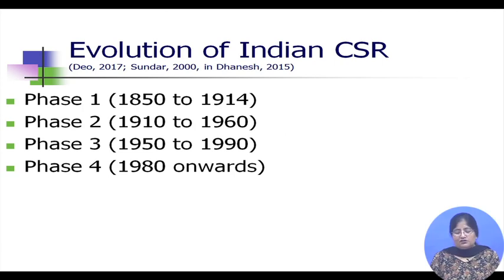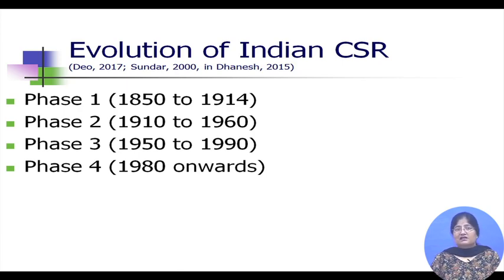Now, the evolution of Indian CSR has been traced by various researchers, and they have finally categorized it into 4 different phases. The first phase lasted from 1850 to 1914. The second phase went from 1910 to 1960, so there was a bit of an overlap.